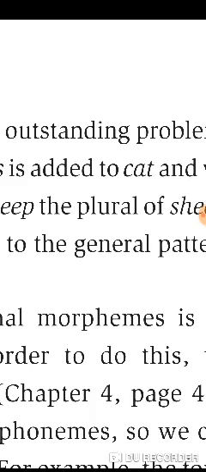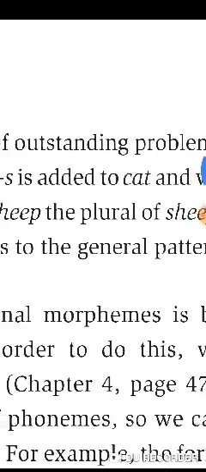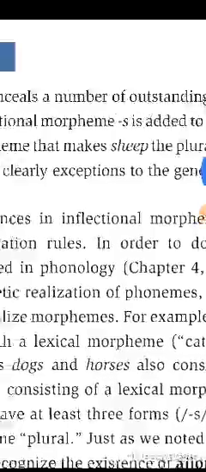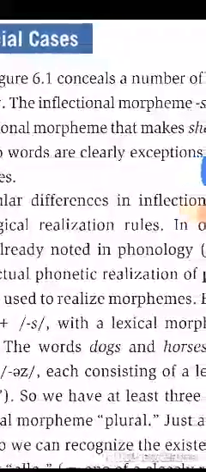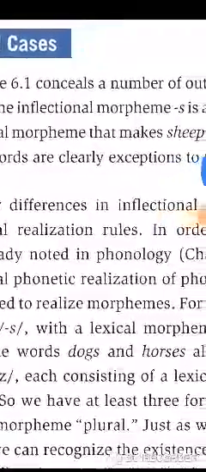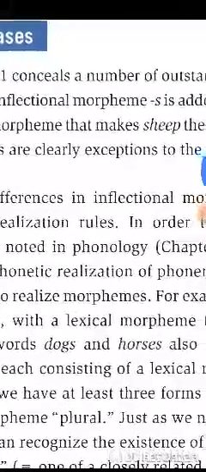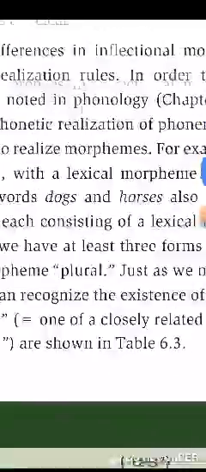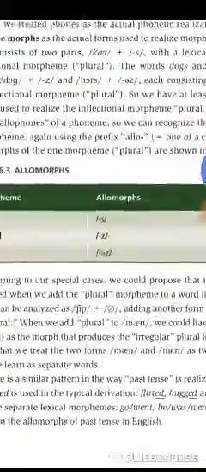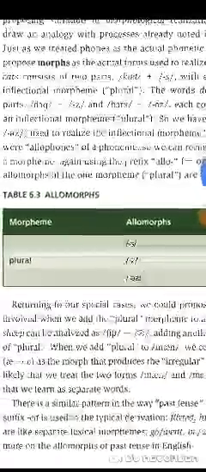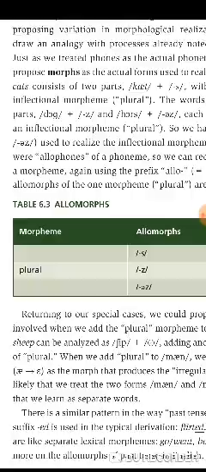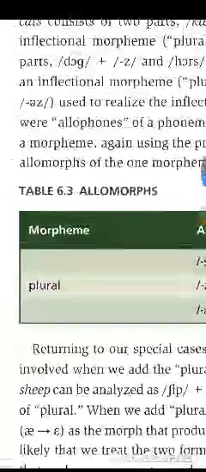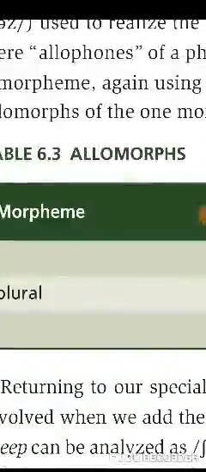But sometimes there are, in fact, different types of morphemes in different situations. Let us see. If you go to somewhere at the end of the page, you can see table 6.3 and allomorphs.